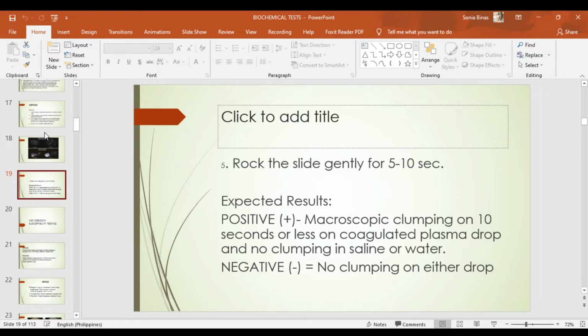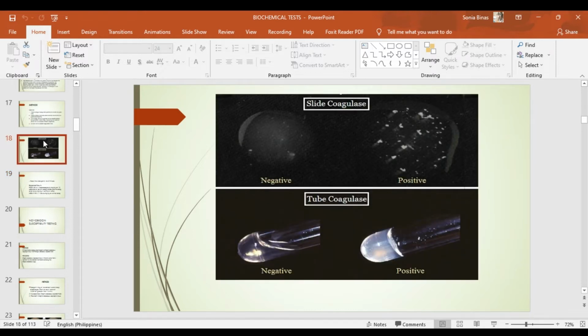And then, sa tube test or sa ating free coagulase test, the process is done for 1 to 4 hours. Sa tube test, the test results can be positive at 4 hours, then revert to negative after 24 hours.